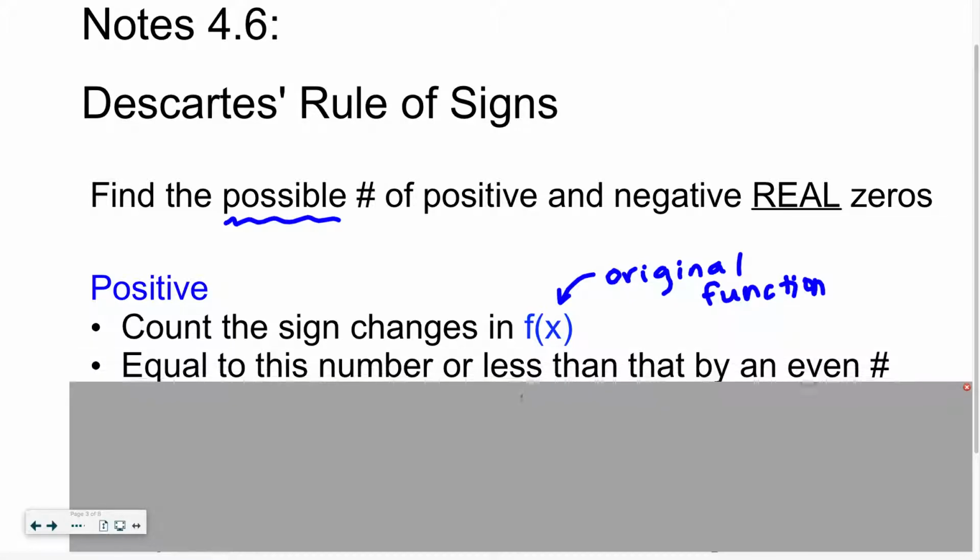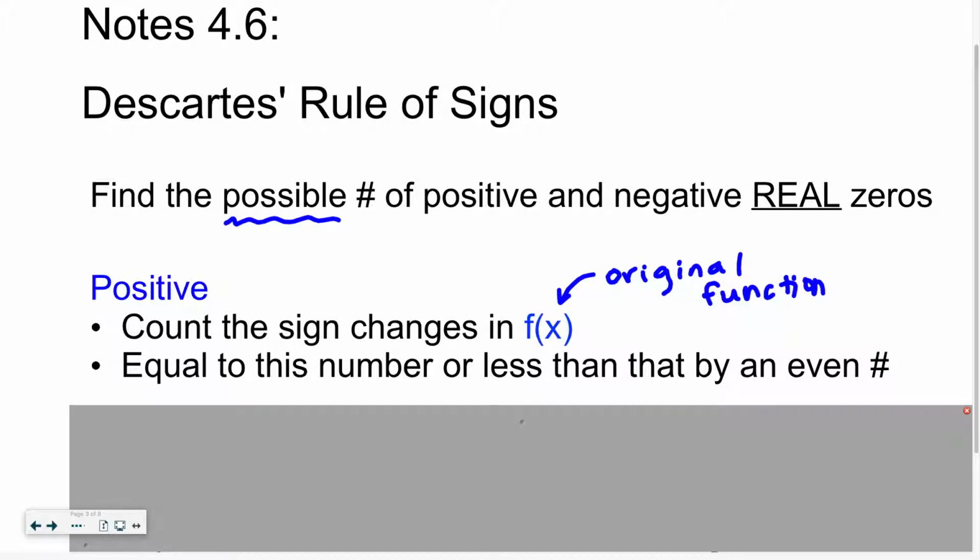There is a small caveat to both of these for positive and negative. So you count up the sign changes that exist, and your number of possible positive real zeros is going to be equal to this number.